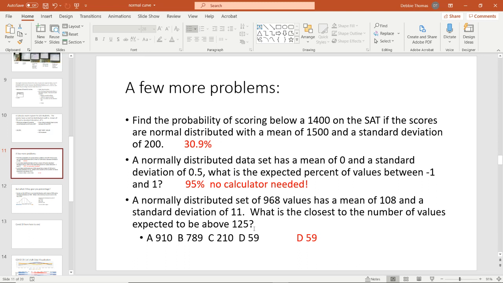Enter my mean of 108, my deviation of 11. Paste, enter. That number is not going to get to 59 pretty quick because I'm not multiplying by 100, right? What is the closest number of values? That's the same way of saying how many. Multiply it by 968.